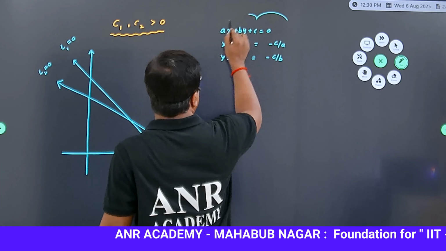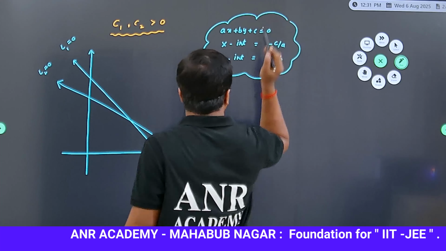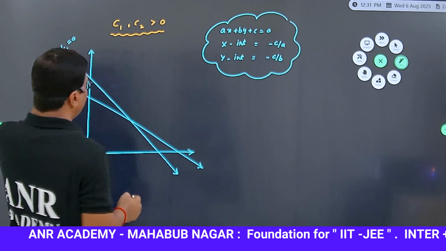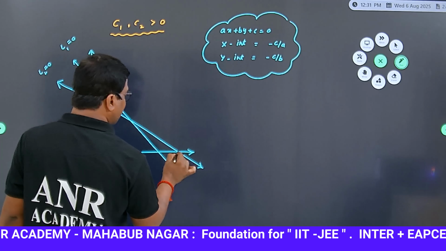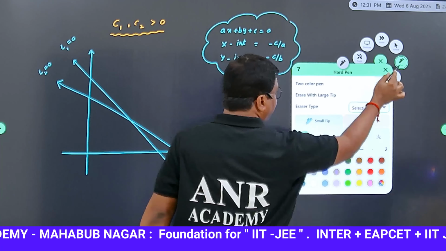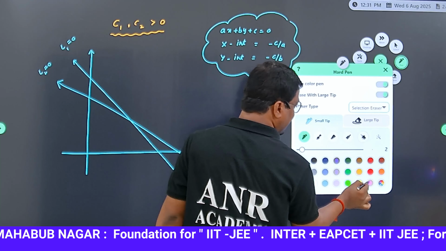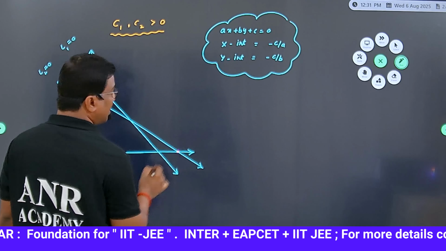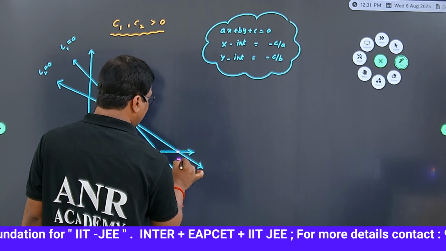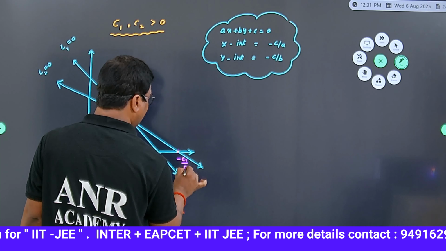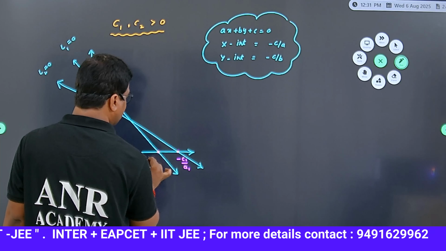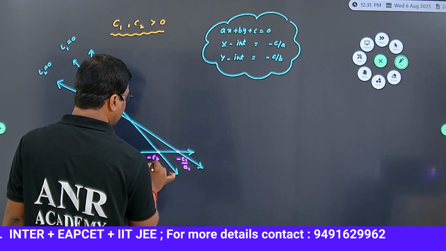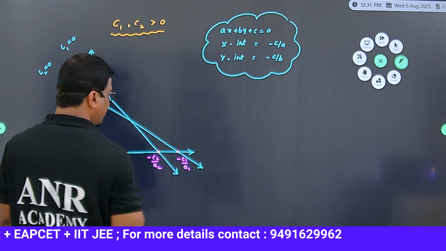You know this. So using this, for the line L1 the x-intercept is minus c1 divided by a1, and for the second line it is minus c2 divided by a2.